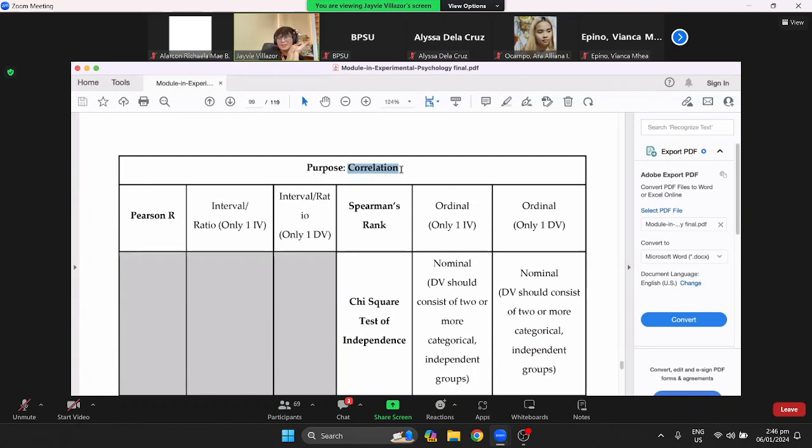Okay? This is only a review. Number two, what is the direction of the relationship? Positive ba siya or negative? Pag positive, the relationship is direct. But if it is negative, it is something to do with inverse correlation. So pag tumataas si variable A, si variable B bumababa. Pag positive naman siya, pag tumataas si variable A, si variable B tumataas din. Sabay sila. Okay? Ayan.